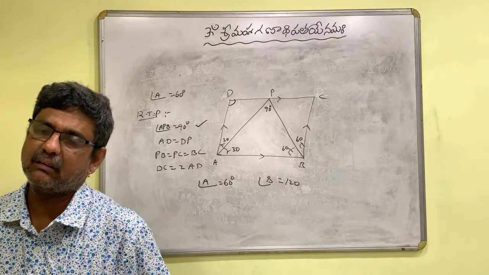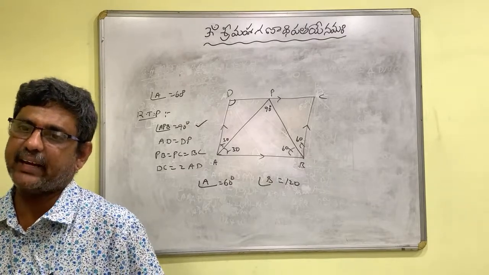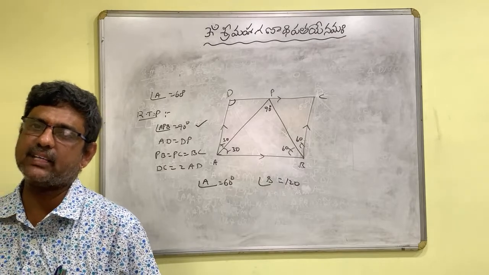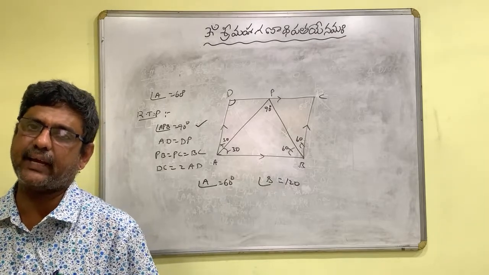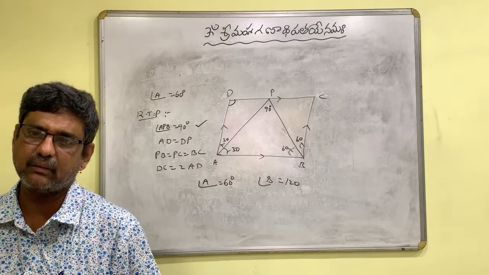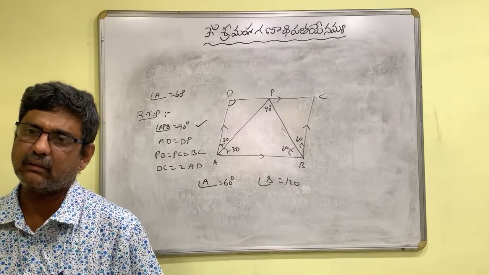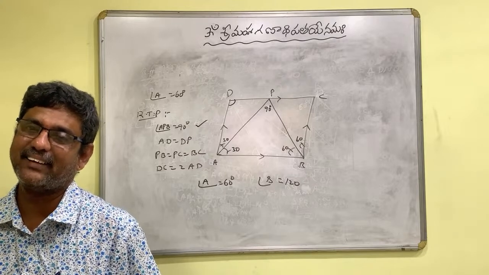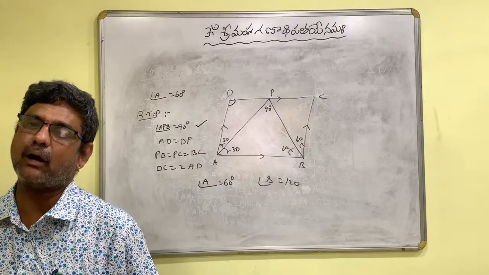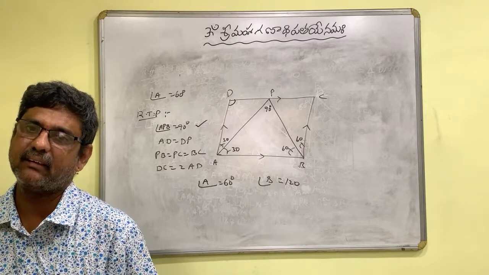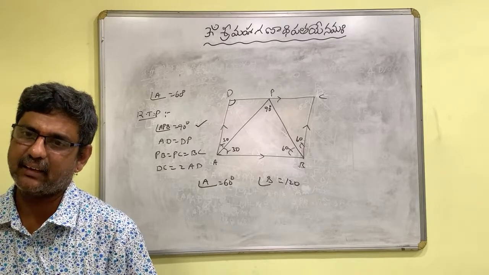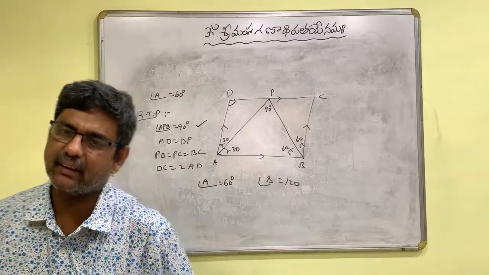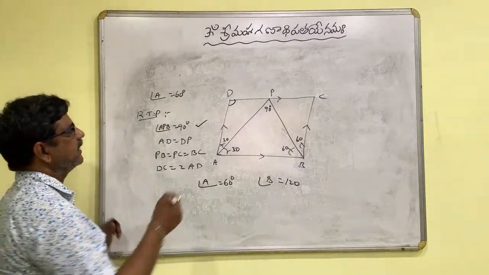Mahesh, how is it 90? Angle B is 120, so angle D is also 120, opposite angles of parallelogram. I know 90 means right angle. Angle B is 120. Then what is angle D? Which is also 120. So angle D is 120.